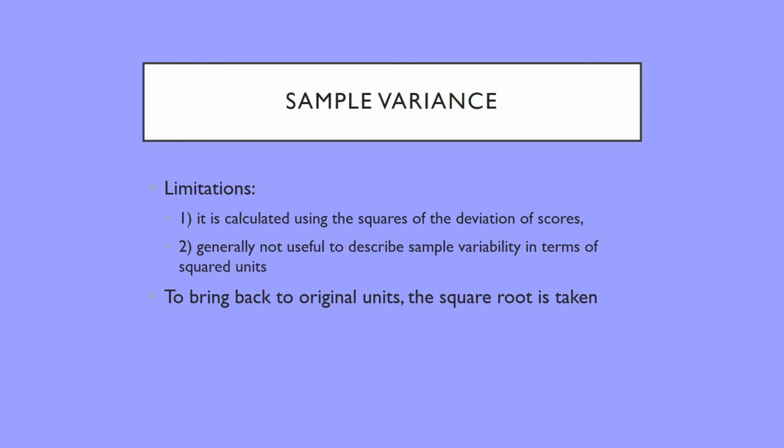Number 1, it is calculated using the squares of the deviation of the scores. And number 2, it is generally not useful to describe in statistic terms as far as looking at variability in squared units, such as degrees squared or pounds squared. So, to bring the term back to its original units, the square root is then taken.